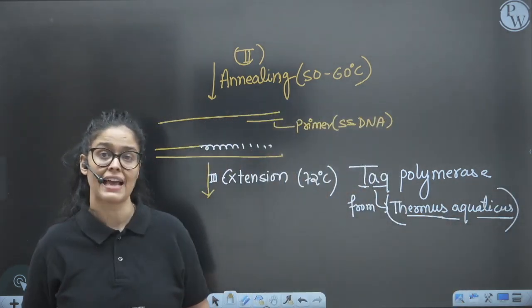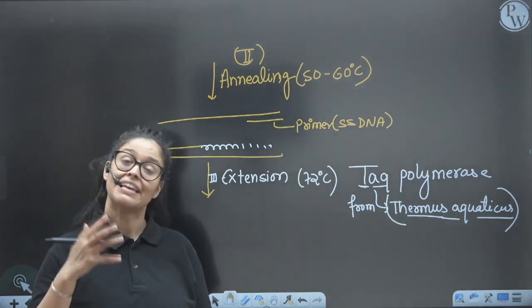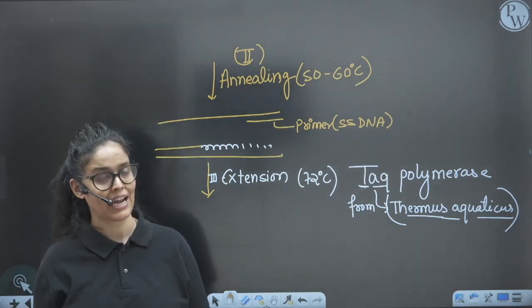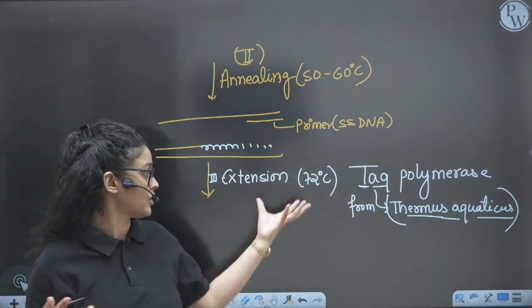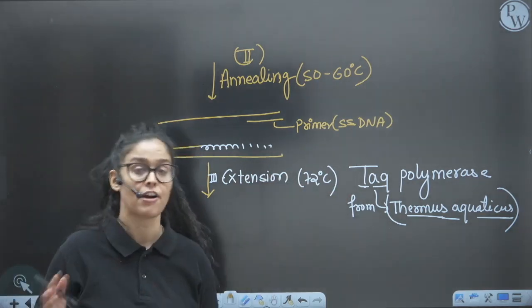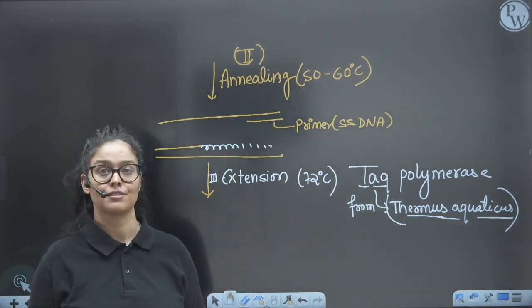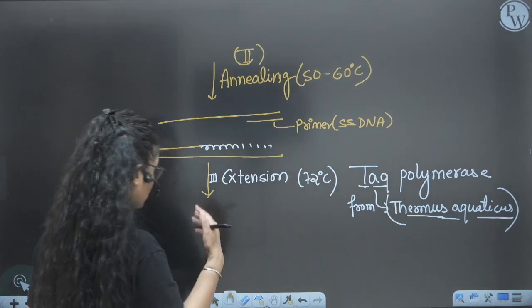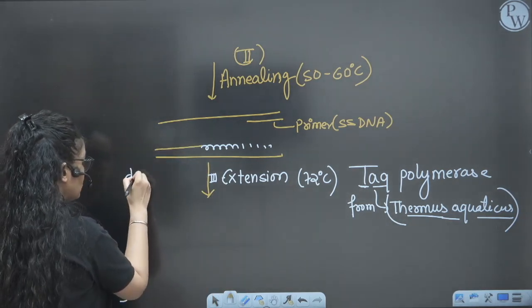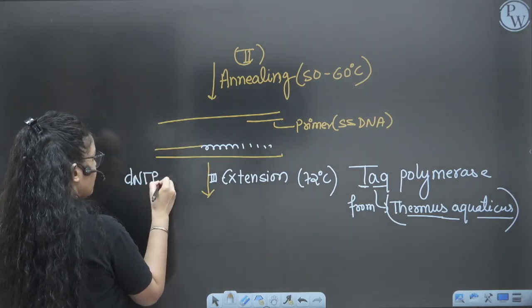Thermophile means temperature loving. They live in volcanoes, so they can survive high temperature. This enzyme will not get denatured at high temperature. It will be functional in the PCR machine, right? So that's why we are using Taq polymerase with some other raw material like deoxynucleotide triphosphates of various types, right?